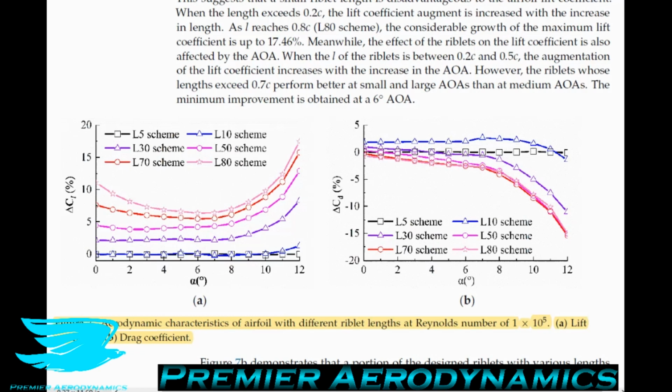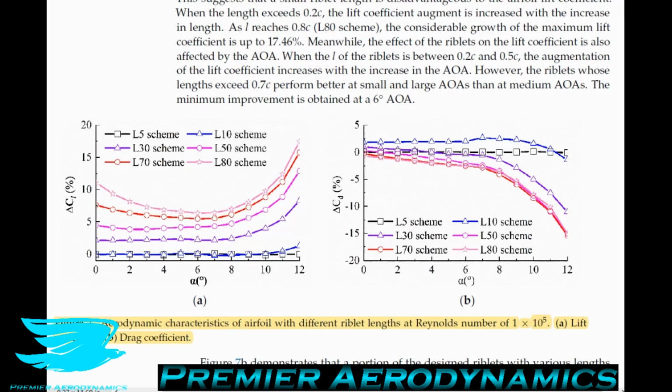But when you go up to 10%, the riblets cover 10% of the chord, for some reason the drag increases by about 2%. So there's an issue there. But then when you increase the coverage even greater, to 30% of the chord, you start to get a reduction in drag. So there's this non-linearity there.